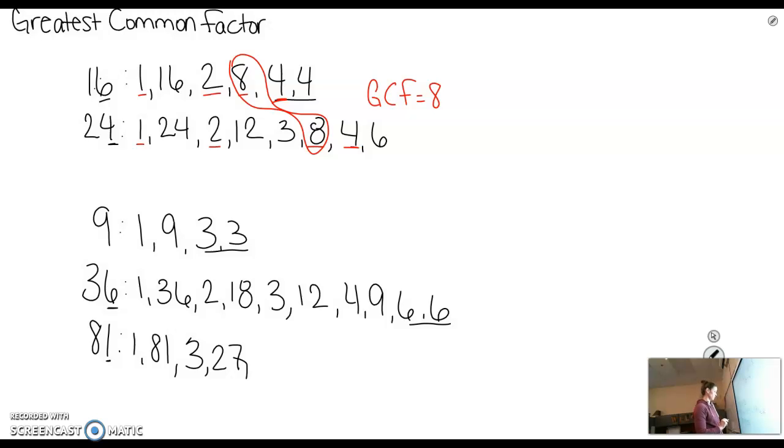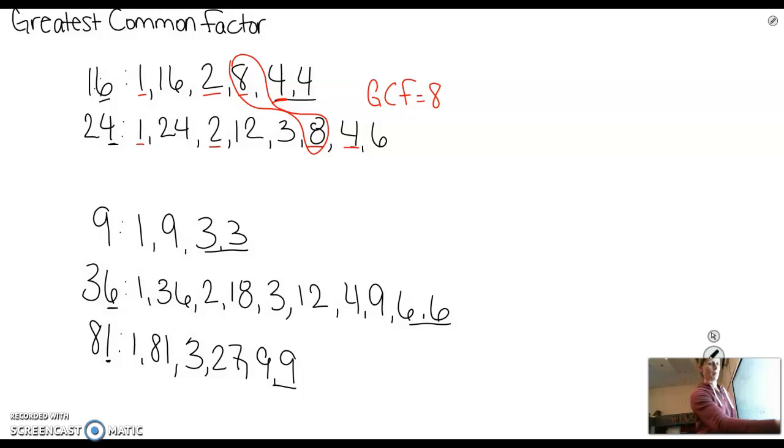It's not divisible by 5 because it doesn't end in a 0 or a 5. 6, it's not divisible by 2 and 3, so it's not divisible by 6. No 7, no 8, and then we're at 9, which would be 9 times 9 is 81. So we have our doubles, so we know we found the factors for 81.